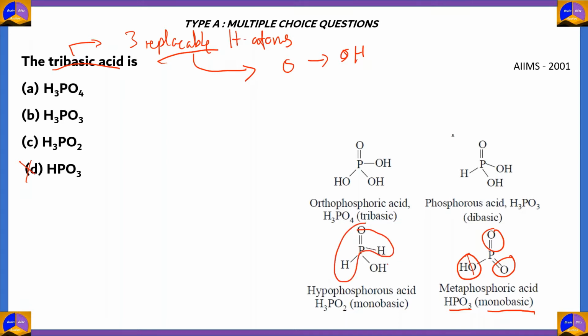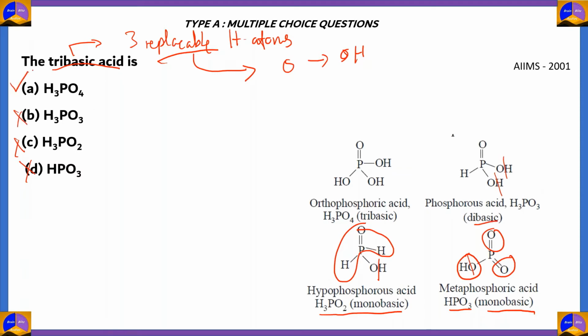The only hydrogen which can be easily broken is the one associated with the O. So again, H3PO2 is still a monobasic acid. So option C is incorrect. Option B, H3PO3, which is phosphorus acid, has 2 of these OH groups, and from there 2 hydrogens can be replaced. So it's dibasic. Therefore, option B is incorrect.